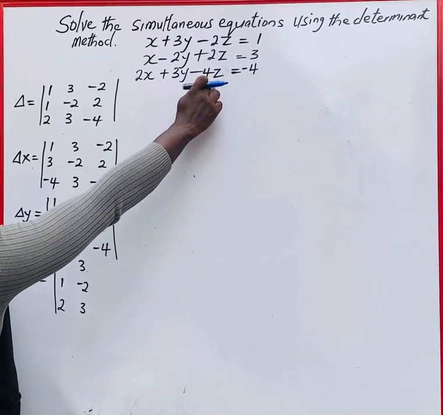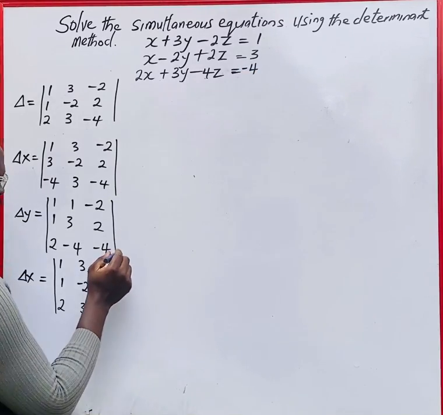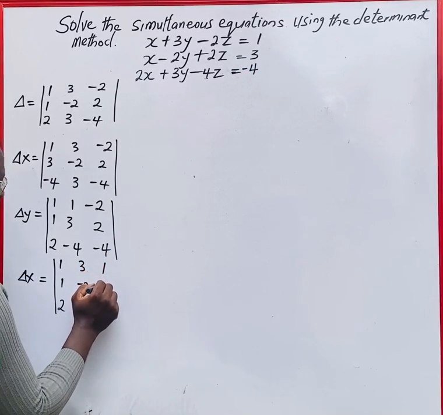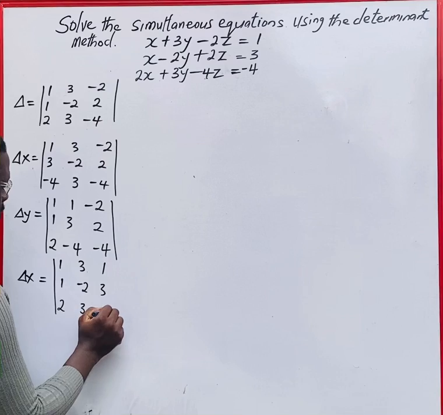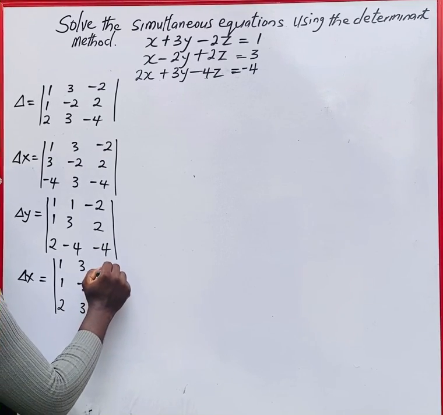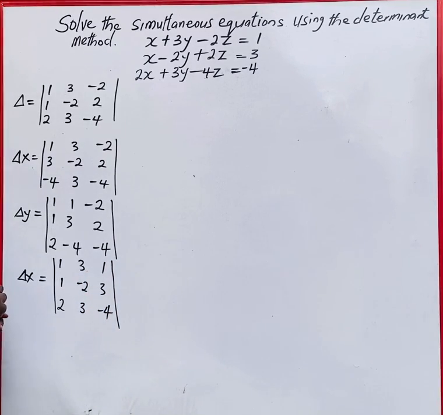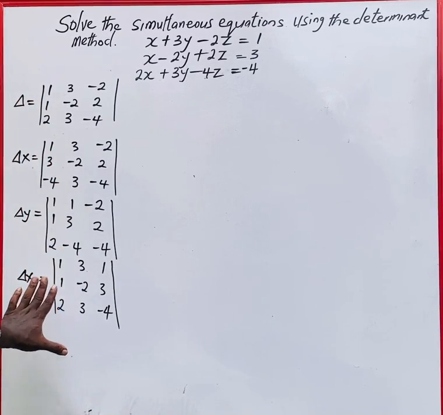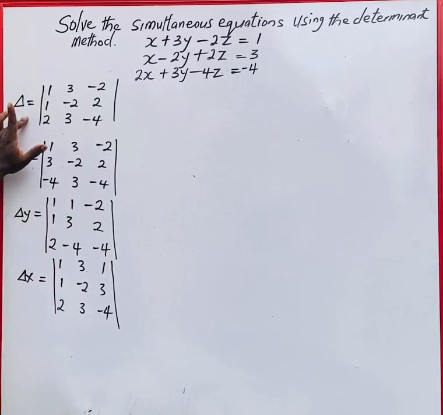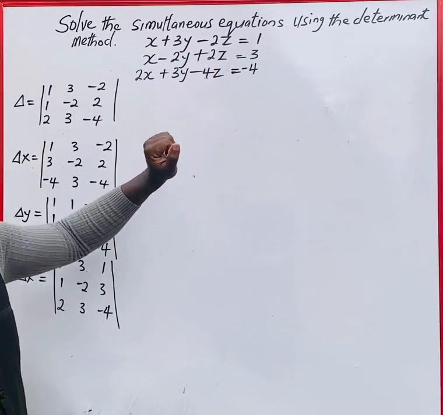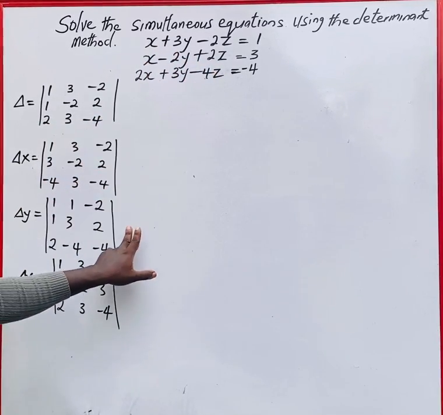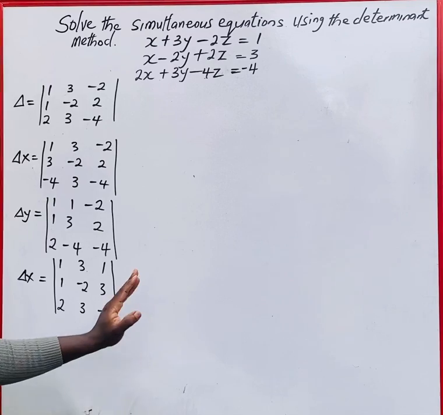And the z now you replace with 1, 3, minus 4. So we have arranged the four determinants needed. This is the determinant of the coefficients of the variables, this is for x, this is for y, and this is for z. This is how you set it.